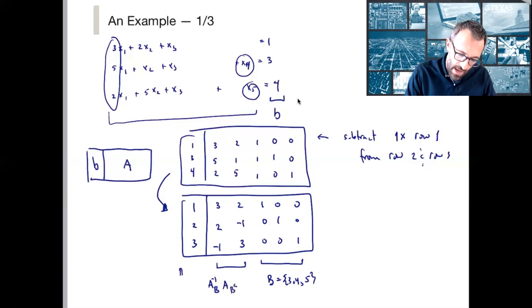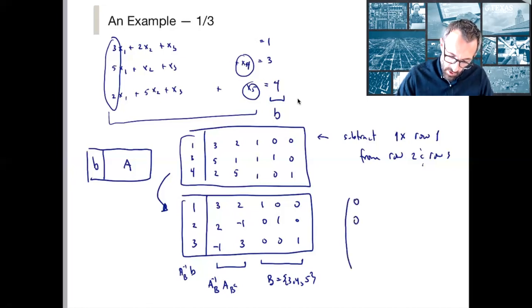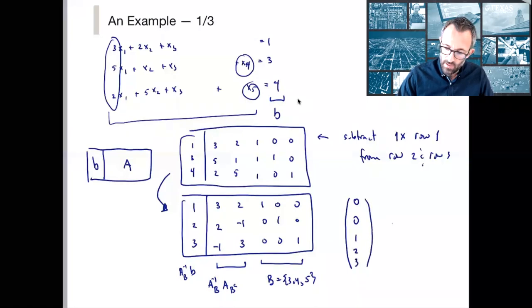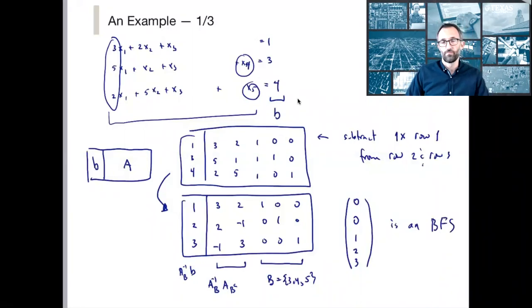And this is A_B inverse times b. So that means that the point, let's write it out, the point 0, 0, 1, 2, 3 is an extreme point. Let me use this notation, is a basic feasible solution. Okay, so we're now starting at a basic feasible solution.